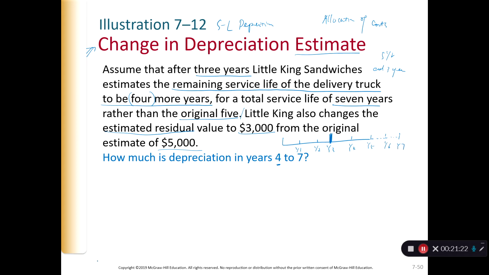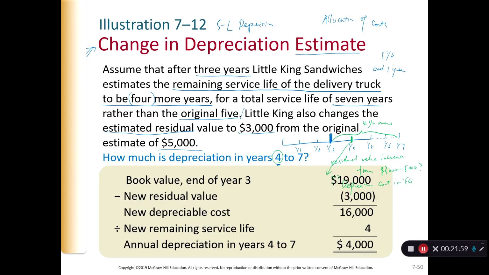So the life of this truck should be 4 years more, and the residual value increases from $3,000 to $5,000. Then what are we going to do? How do we depreciate here? How much depreciation expense should we book in year 4?